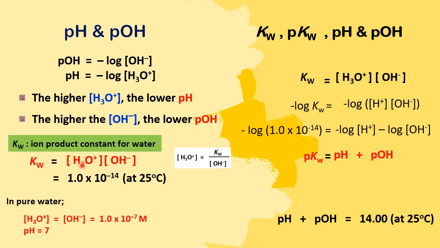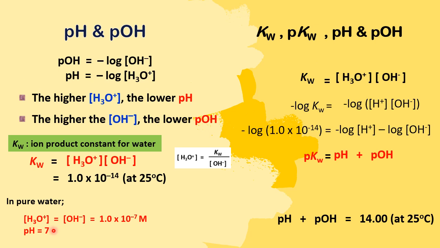We can use this formula to find the concentration of hydronium ion or hydroxide ion if one of the concentrations is given, because Kw is a constant, 1 times 10 to the power of negative 14. In pure water, the hydronium ion and hydroxide ion concentrations are the same, 1 times 10 to the power of negative 7 molar, and pH equals 7.